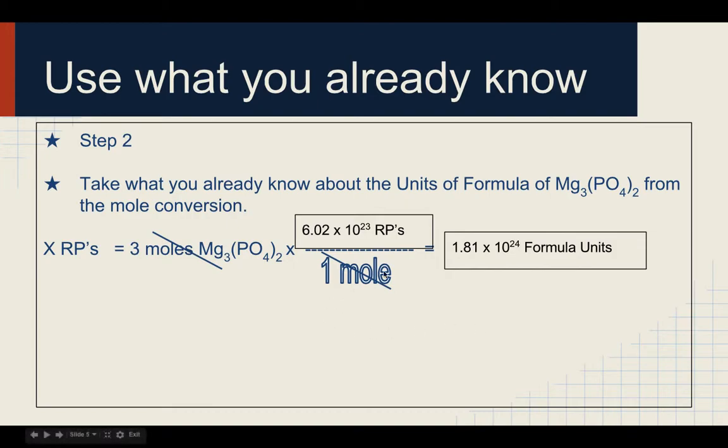Now, you might be asking, why is this 10 to the 24th if this was 10 to the 23rd? Well, when you multiply through, you actually would have gotten 18.1 times 10 to the 23rd. I always need the decimal in this second spot. So once I moved it over 1, it became 10 to the 24th. Now, if you have a calculator that has the exponent button, you can use that. Or you could use a calculator that doesn't and just do the manual conversion.